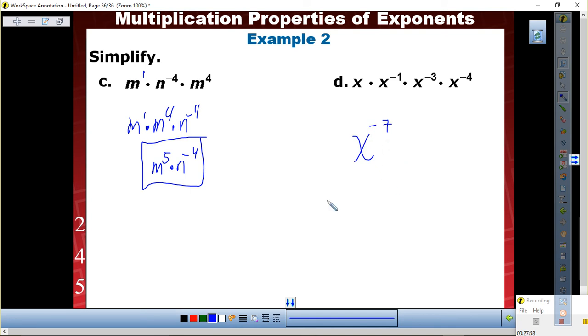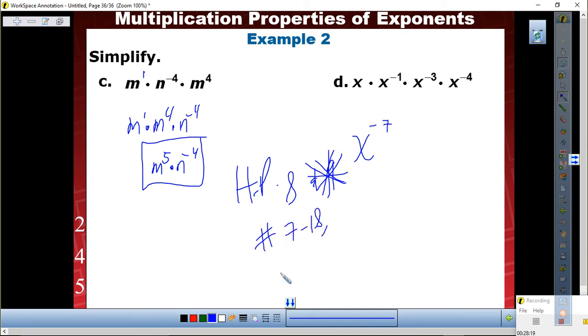All right. Home play for tonight is a play sheet. That play sheet has both sides, page 8 and page 9. But I only want you to do page 8, numbers 7 through 18, and 25 to 27 only.